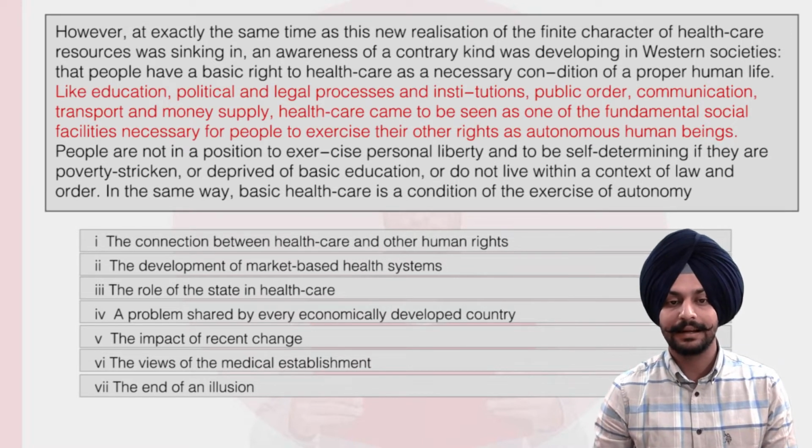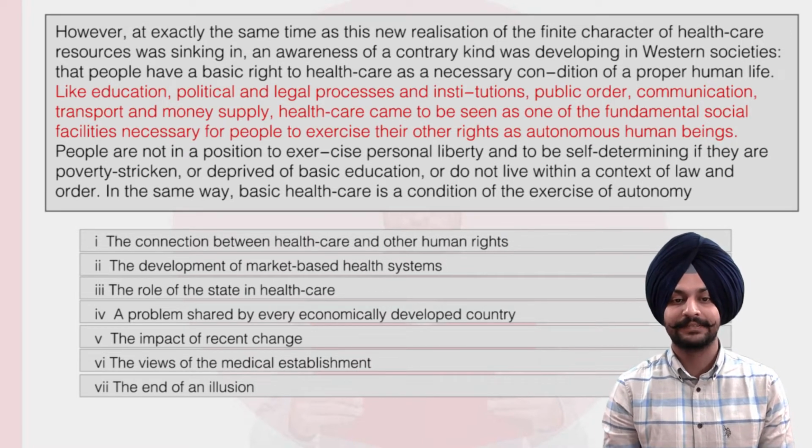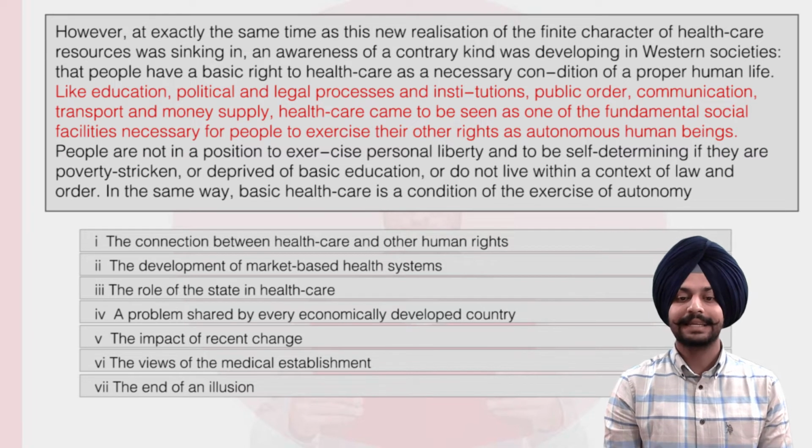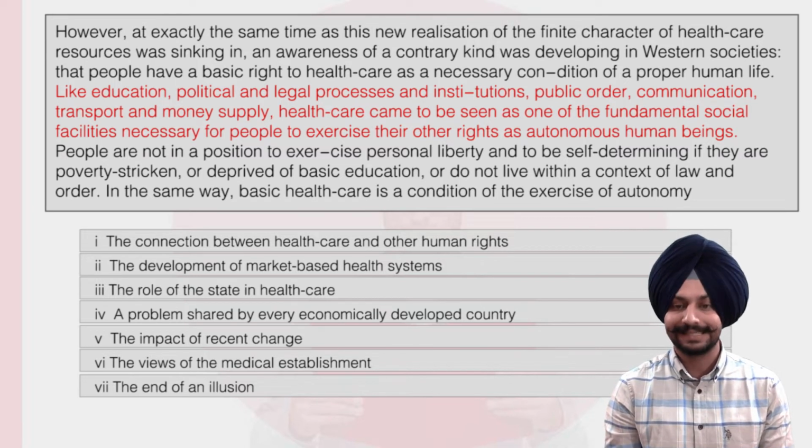So here they are comparing the healthcare system with other facilities like education, political and legal processes, and so on. And they are saying that the healthcare system is necessary to exercise their other rights as autonomous human beings. So they are linking the other rights with the healthcare system, and they are saying that if you want to exercise other rights, the healthcare system is the key here.